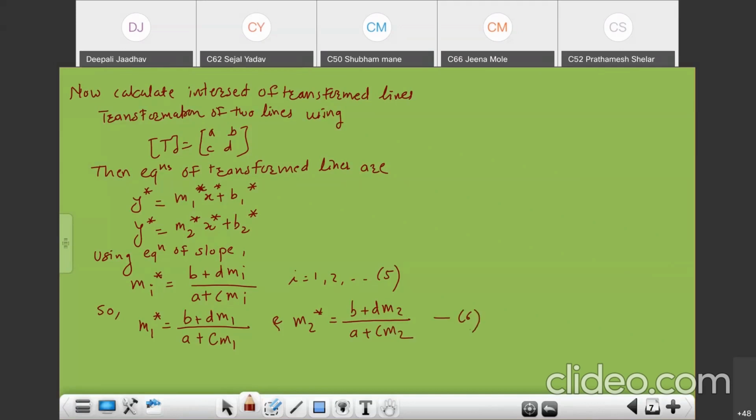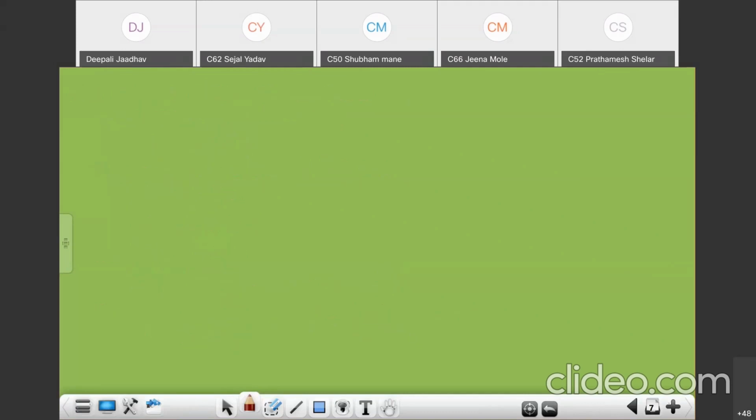Together we consider this equation number 6. The intersection of the transformed lines is obtained in the same manner as we saw for the intersection of the original lines.